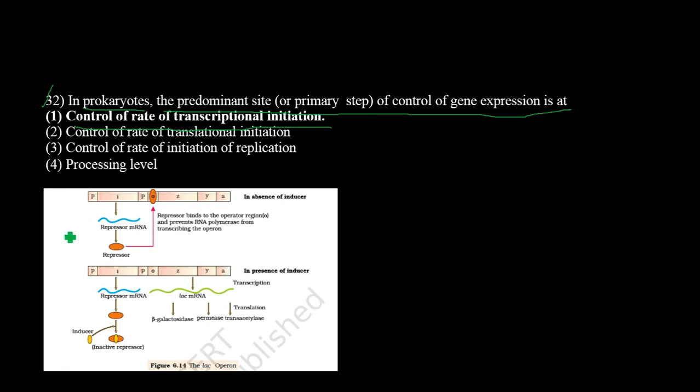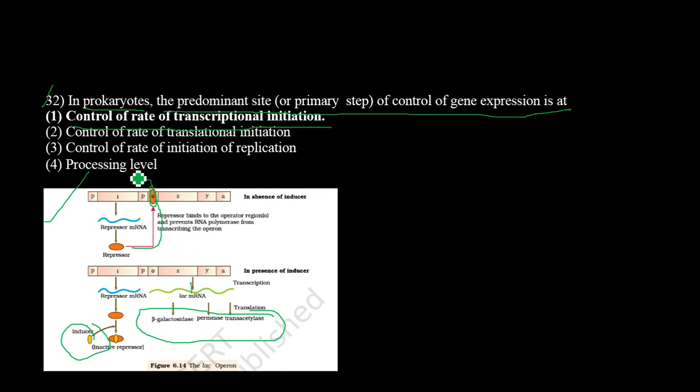If you observe the lac operon, it is the regulation of gene expression at initiation of transcription. See, when lactose inducer is there, then we can see the formation of enzymes. When lactose inducer is not there, what happens? Initiation stops because of binding of repressor protein at promoter site.